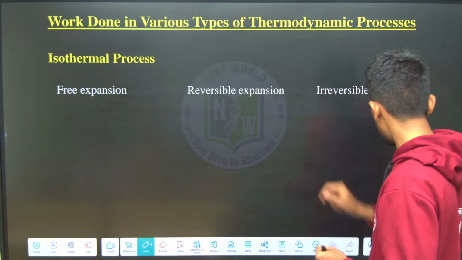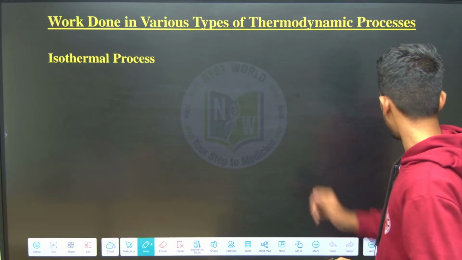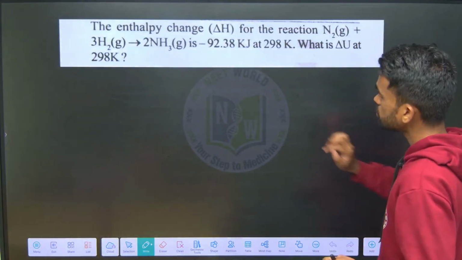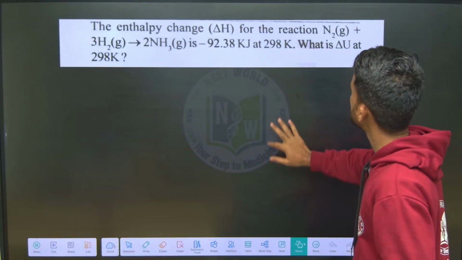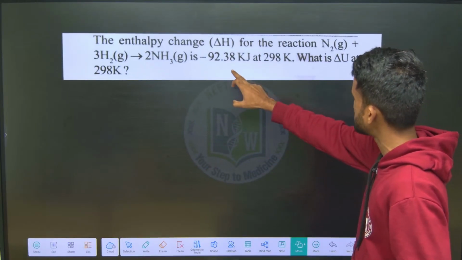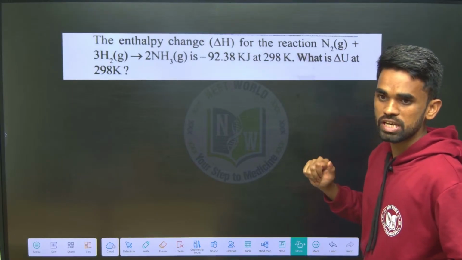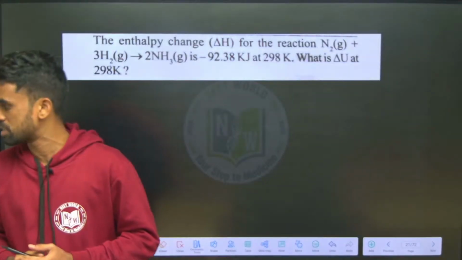Before this, just tell me what is the answer for this particular question. Just look at this question. The enthalpy change for the given reaction is given this much. So what is it? Delta U, the internal energy change, they are asking. So what is the relation between enthalpy and internal energy? Tell me first.